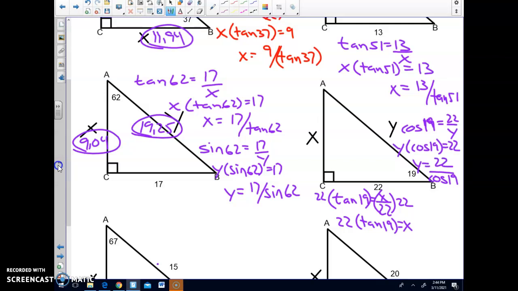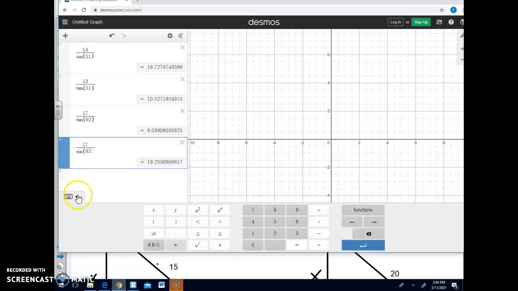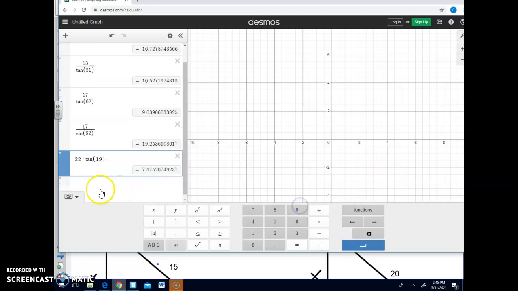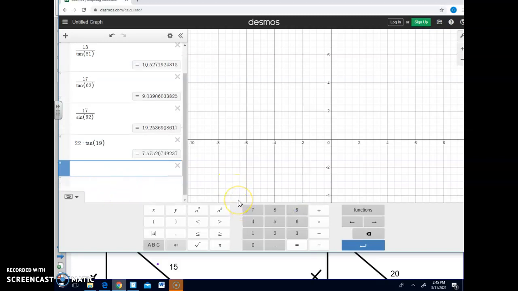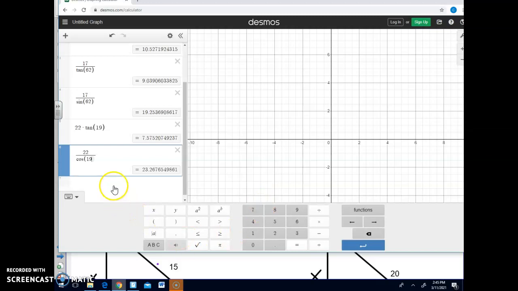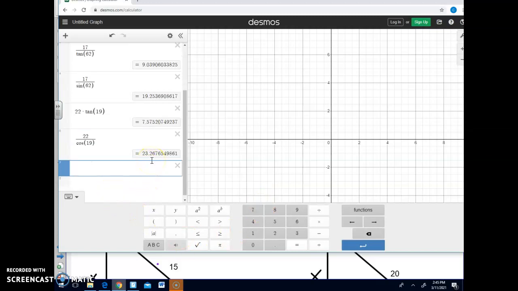And we're going to plug those two into our calculator. So we go to our calculator here. 22 times the tangent of 19 makes for a simpler problem. And then finally, 22 divided by the cosine of 19, and that's 23.26. So we get 7.58 and 23.27.